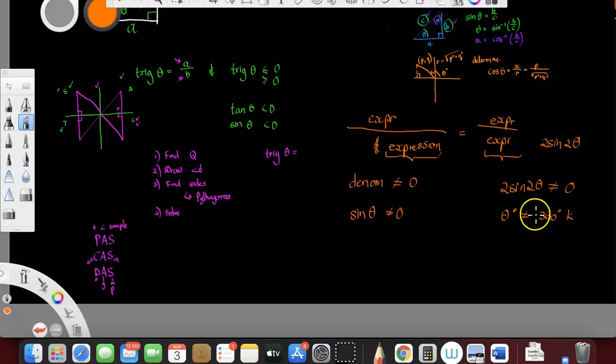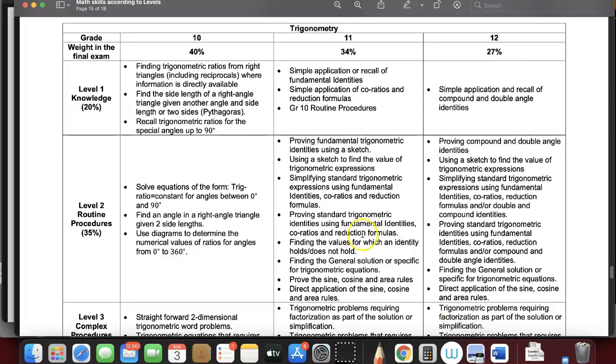I don't need to do the plus or minus because k is an element of the integers, so it can be positive or negative. So they just take the expression in the denominator and say it's not allowed to be 0. That's this one.